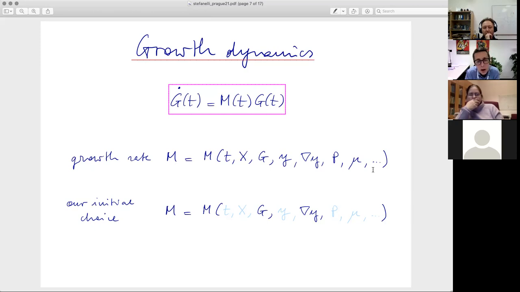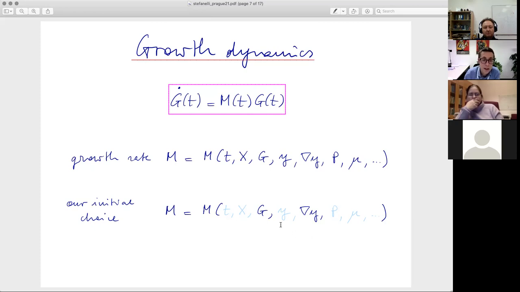For this talk and in our paper, we made a simplifying assumption. We just took some of these. So we dropped the non-homogeneity in time and space, because this is, in a sense, easy to handle. We also dropped momentarily the dependence on the nutrient.